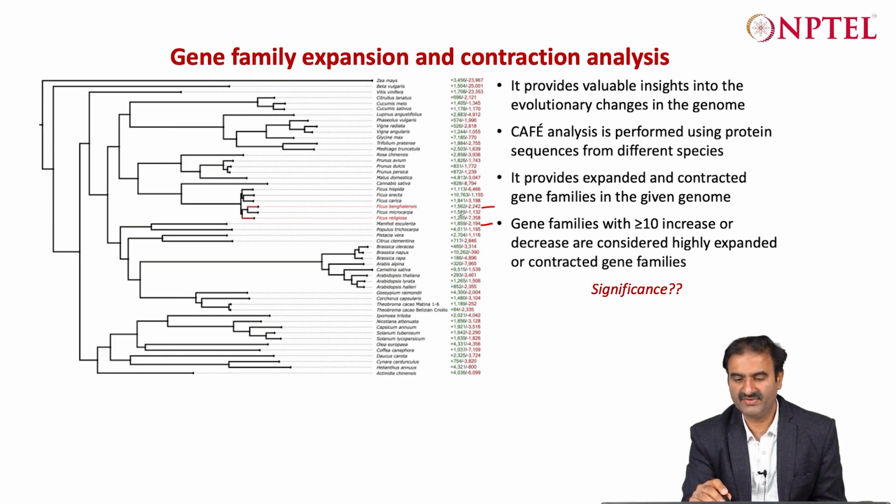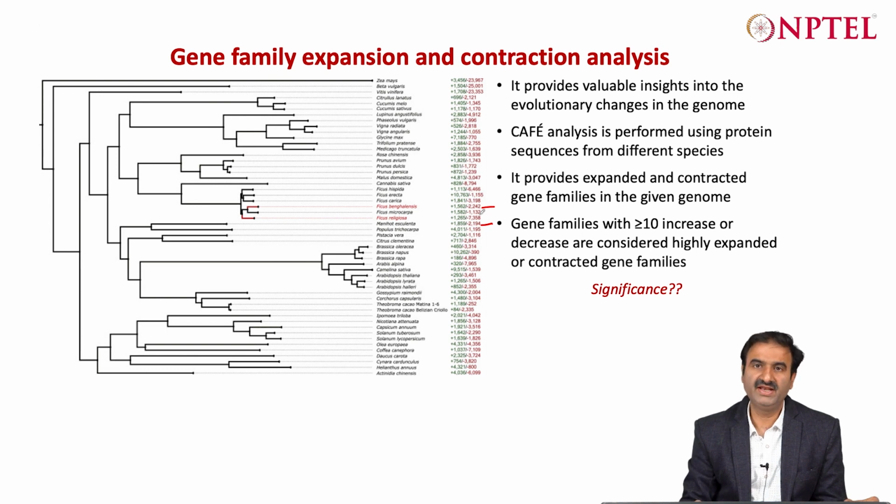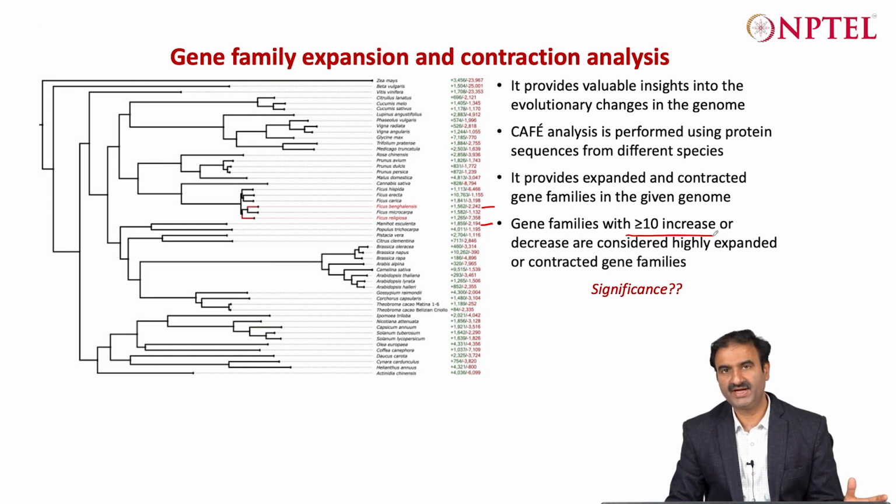Green, with the plus sign and a number, indicates the number of gene families that showed expansion, and the other is the number of gene families that showed contraction. Generally, gene families that showed an increase of more than 10 are considered highly expanded during the comparative analysis.